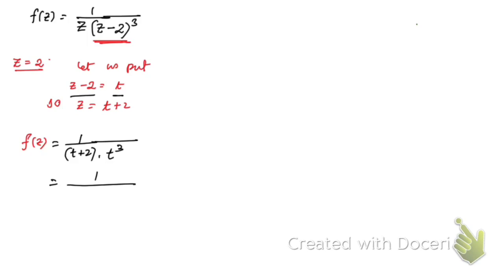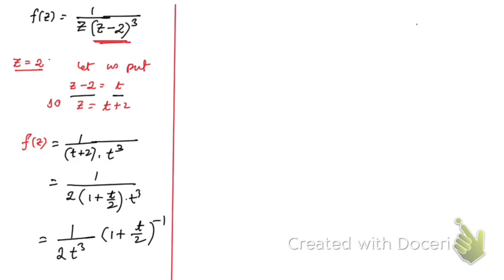If you take 2 common, you're going to get 1 plus t by 2 to the power minus 1. So we can write this as 1 by 2t cube into 1 plus t by 2 whole to the power minus 1. That's what we're going to have.